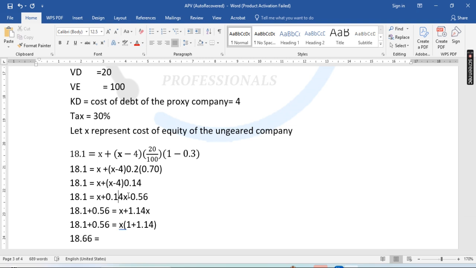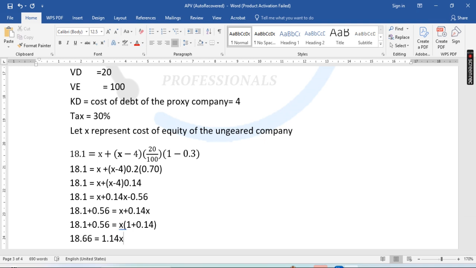Now you expand the bracket, we have this. So when you expand the bracket, this should be 0.14x. So if you add these two together, what do you have? 1.14x.